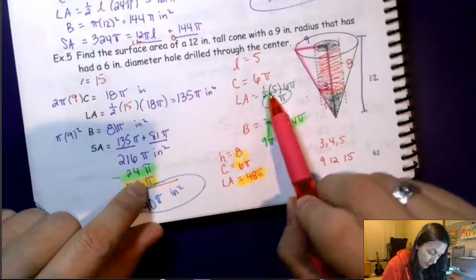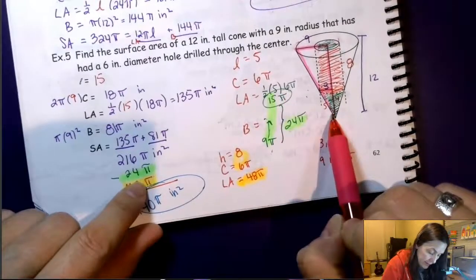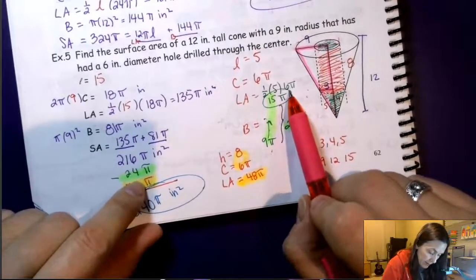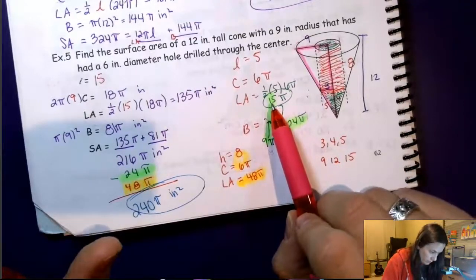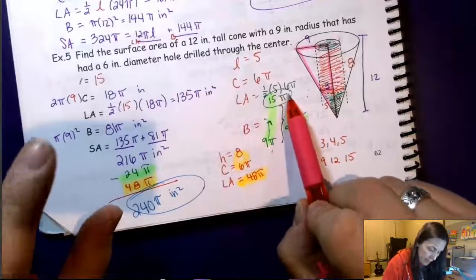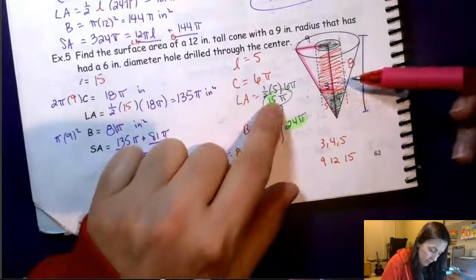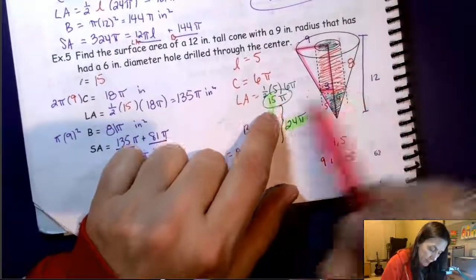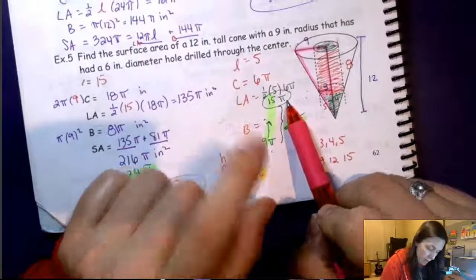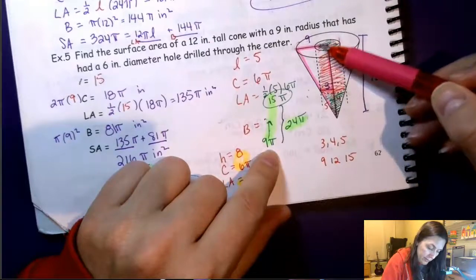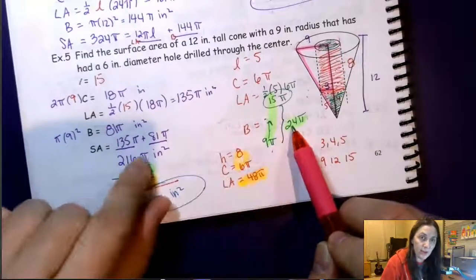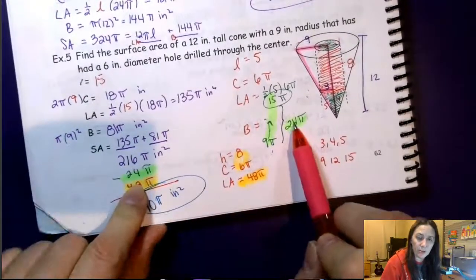The lateral area is 1/2 circumference times the slant height. We get 15 pi here. So the 15 pi for the green part up here, the 9 pi for this piece down here is 24 pi altogether. I need to subtract that, so I have it color-coded.